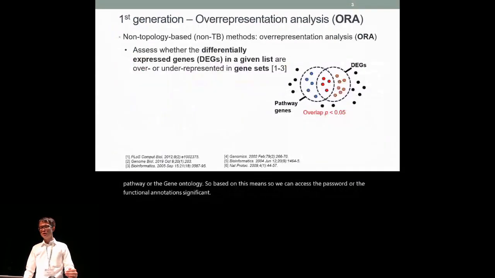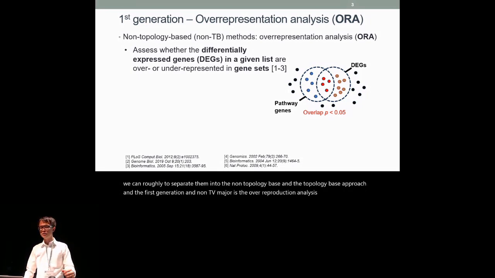Up to now, I think around 100 enrichment analysis methods have been developed, and we can roughly separate them into non-topology-based and topology-based approaches. The first-generation non-TB method is over-representation analysis, called ORA.